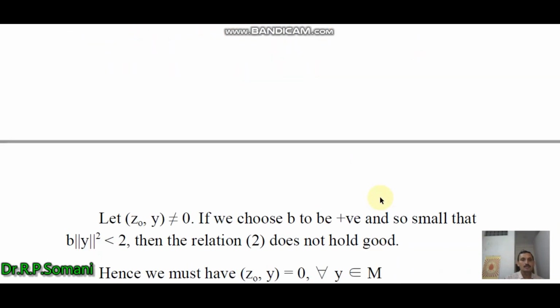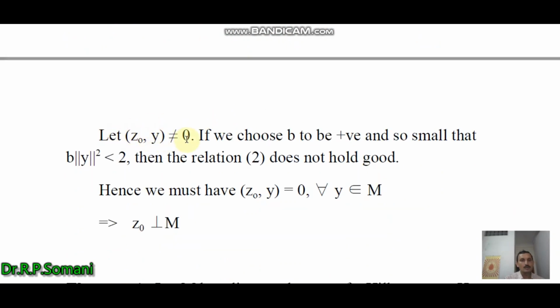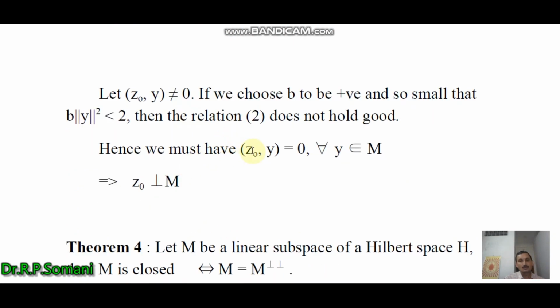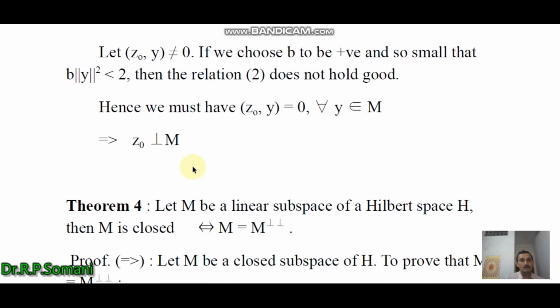So this inequality does not hold, and therefore our assumption that the inner product z0 y is non-zero is false. Therefore, we must have the inner product z0 y equal to 0 for all y belonging to M, and therefore z0 is orthogonal to M. In this way, for any closed linear subspace we can find such a non-zero element z0 orthogonal to M.